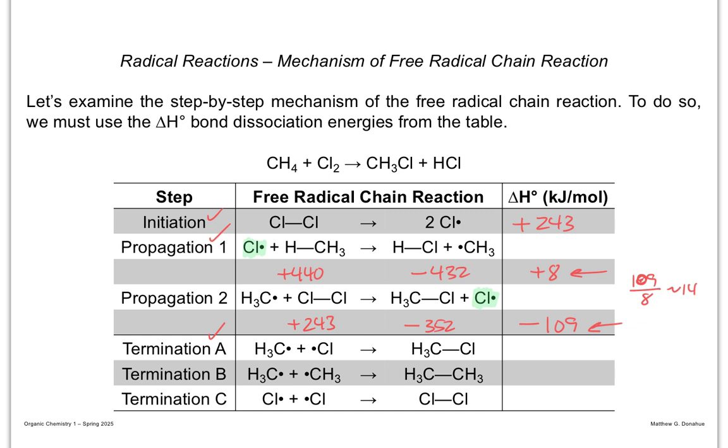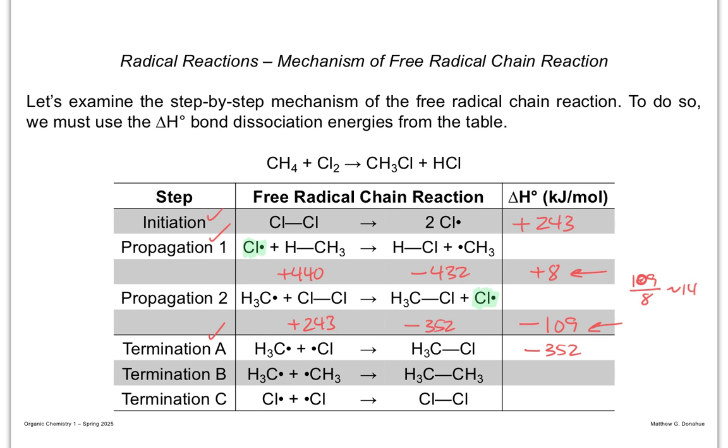So that tells you that the radical chain is sufficient to keep going, to sustain itself. When you look at the termination steps, because you have bonds forming, all of those energies are negative, and you can just look at the table to find the values. So this one's negative 352 to form ethane.